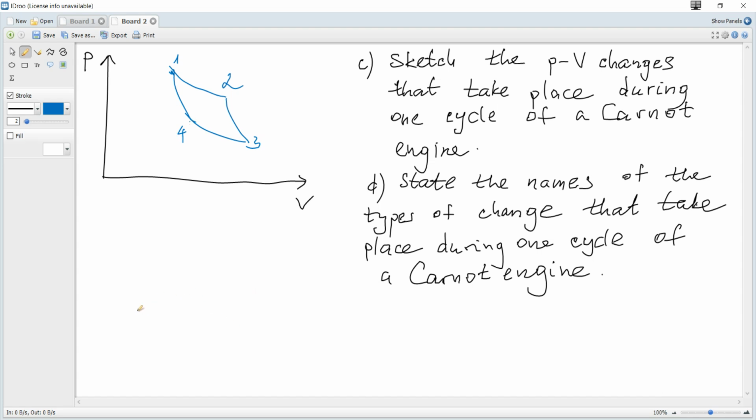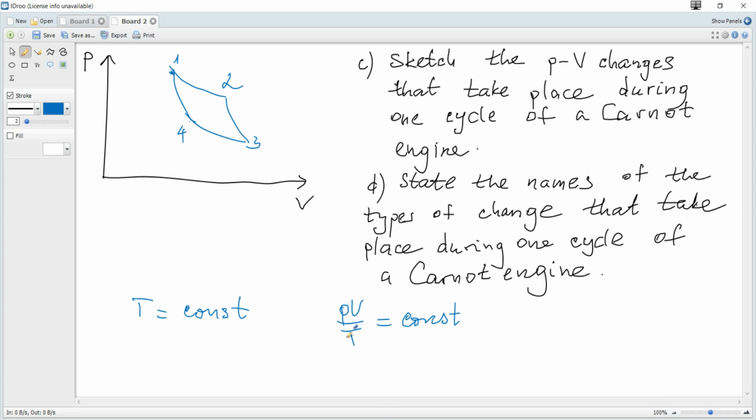And for isothermal, it means temperature constant. It means for isothermal change of a state of the gas, when temperature is constant, we know that PV over T is constant, provided mass or number of moles is constant.